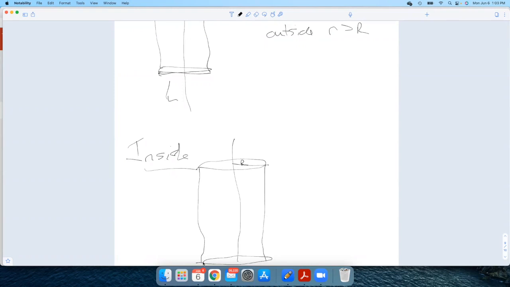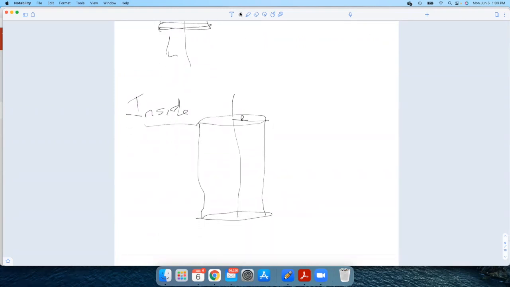But my Gaussian surface does need to be finite. So let's make that cut blue: little radius, little r here, and length L. That's my Gaussian surface. It exploits the symmetry. It has the same symmetry as my charge distribution.